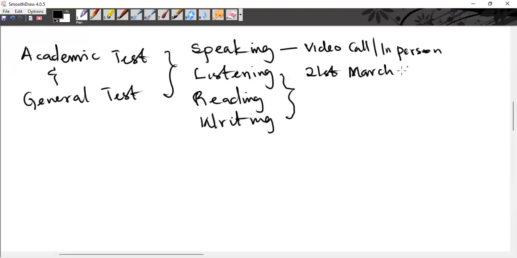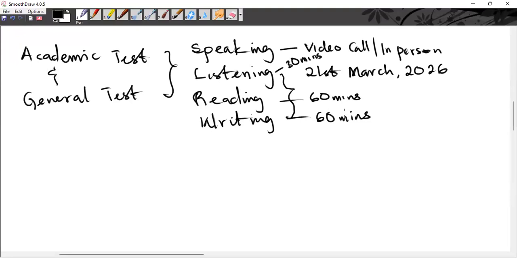So when it happens that way, the duration of the listening, in as much as the paper test is 40 minutes, this time it will be 30 minutes. The reading will continue to be 60 minutes, and the writing will also be 60 minutes.